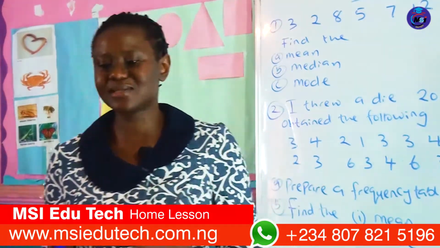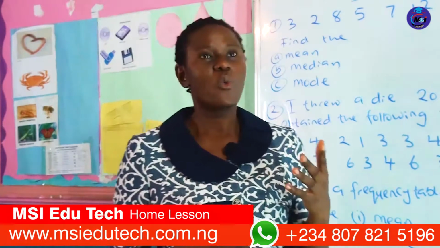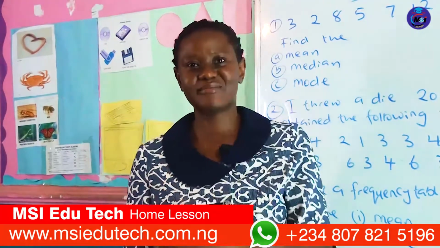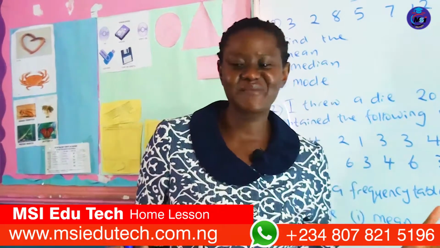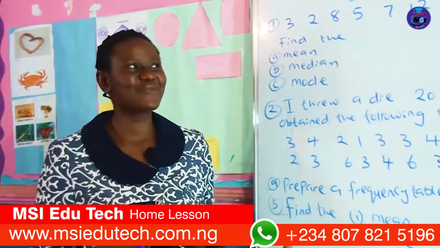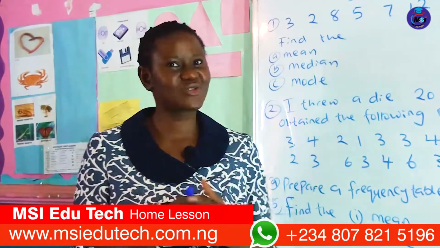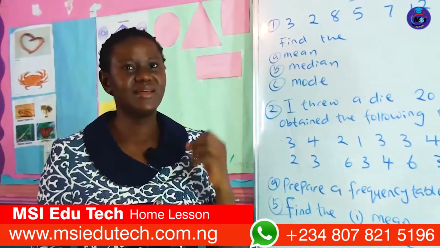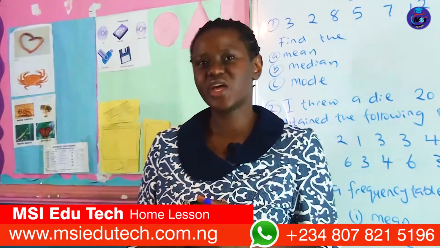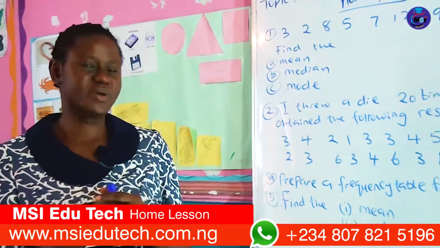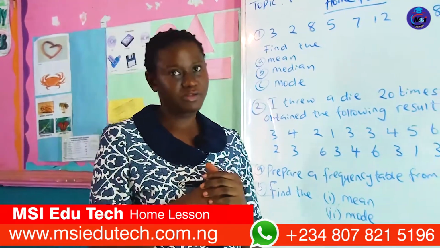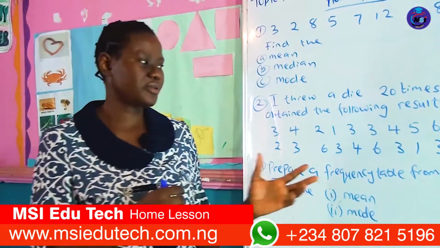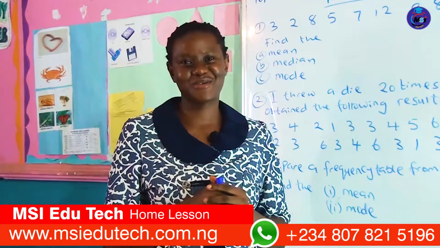We talked about population again, where we mentioned bar charts, pictogram, tally marks. Now, the last topic, we talked about measures of central tendency, collection of data, the mean, the median, and the mode. If you have any challenge in any of these topics, you can go through once again and then get through to us through the WhatsApp number displayed on your screen.